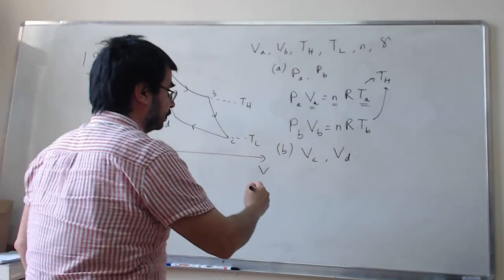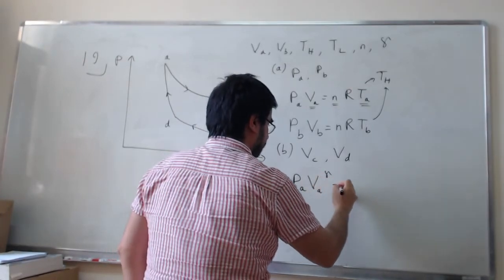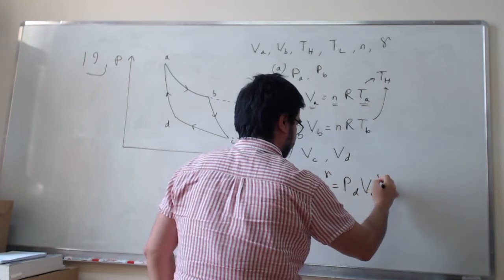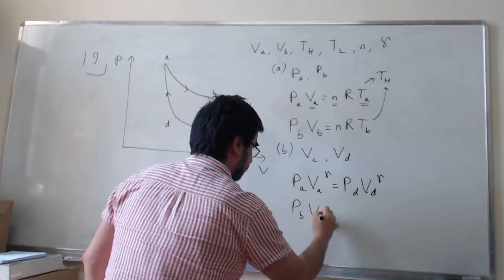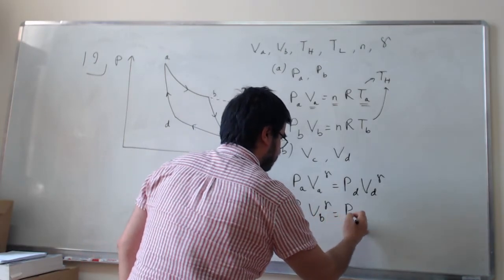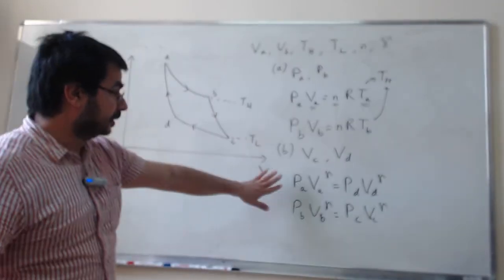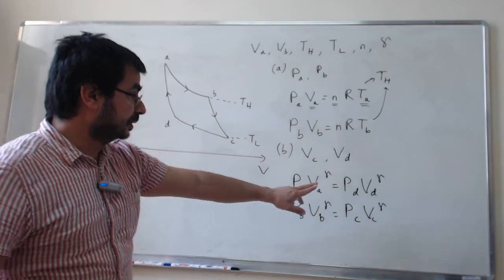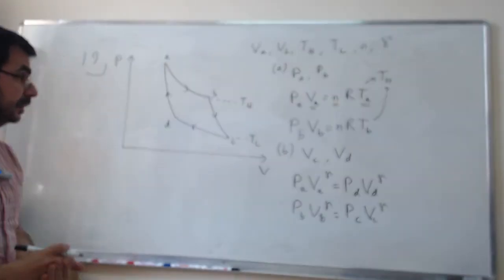The first one we can write PA VA to gamma is equal to PD VD to gamma, and for the second one PB VB to gamma is PC VC to gamma. We know everything on the left hand side in both equations. On the right hand side, however, we have 2 unknowns, so we need something else.